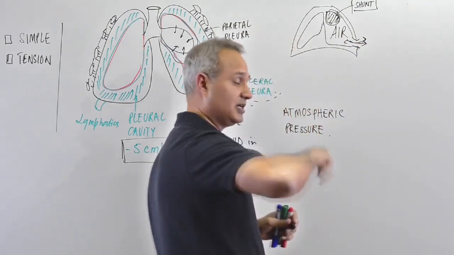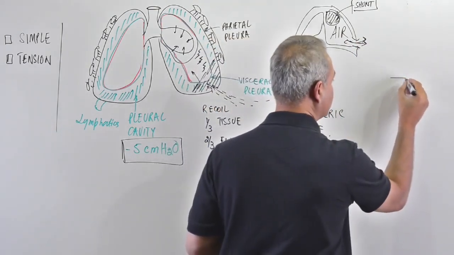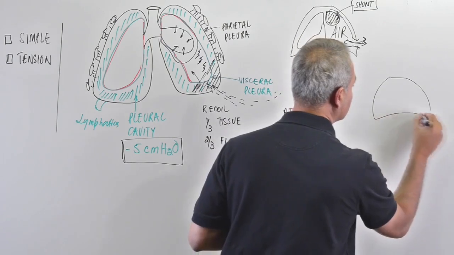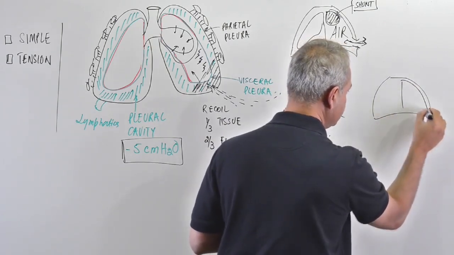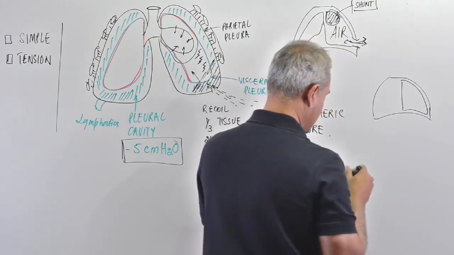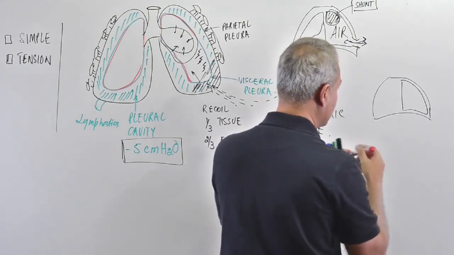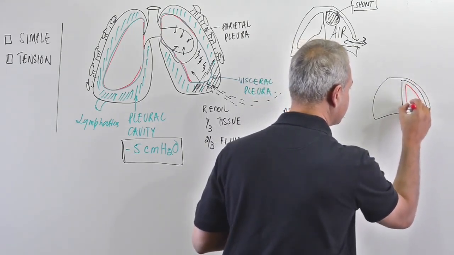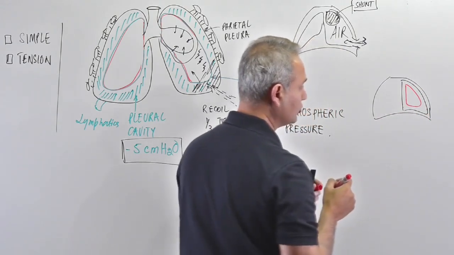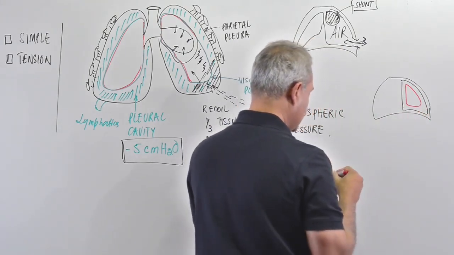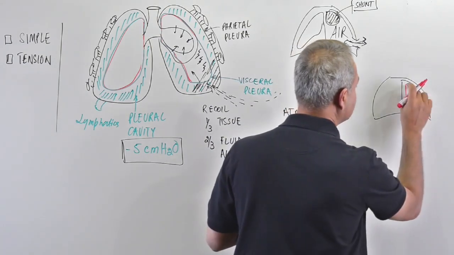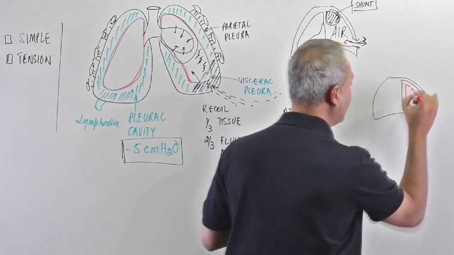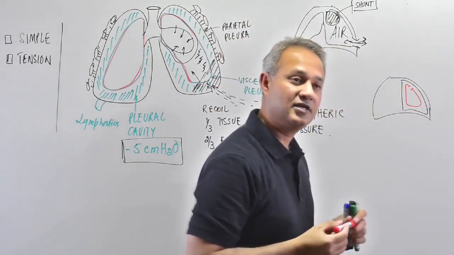However, now pay attention to this one. Let's say this is the lung here and this is the parietal pleura. Black one is parietal pleura. Either the lung ruptures, let's say here at the apex there is a rupture of the lung. How can that be done?